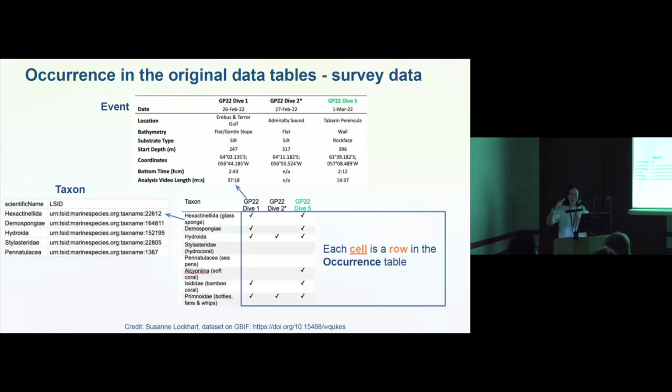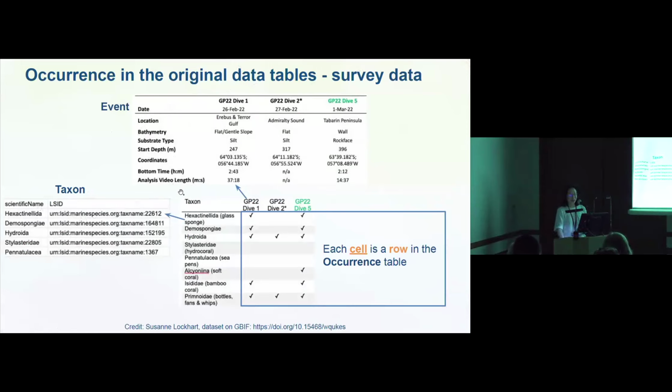The video is attached to a submersible that performed dives at different sites. So we have the event table, which has the date, the location, the coordinates, and the depth. And then we also have a taxon table. These scientists particularly look for vulnerable marine ecosystem indicator taxa, so she has a list of taxa of interest.